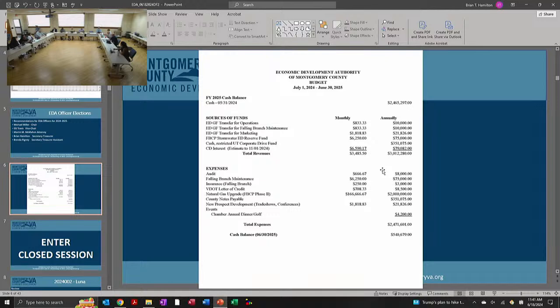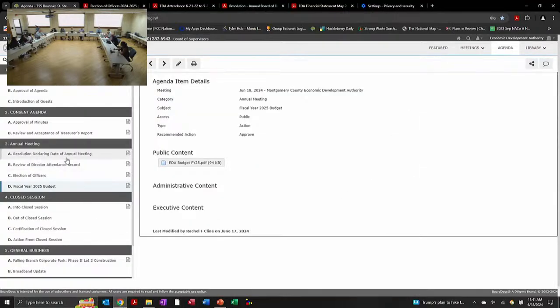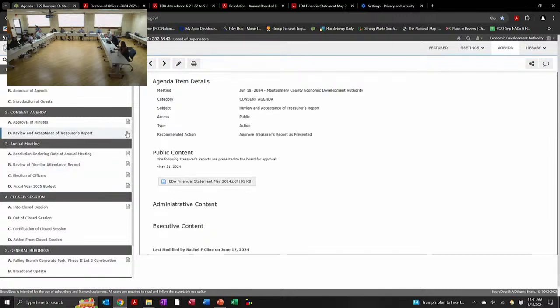Basically the 351 is counted somewhere else, so it needs to come out of the 540 balance. At the very top of this budget, it says 2,465,000. I think the 351's also in that number.